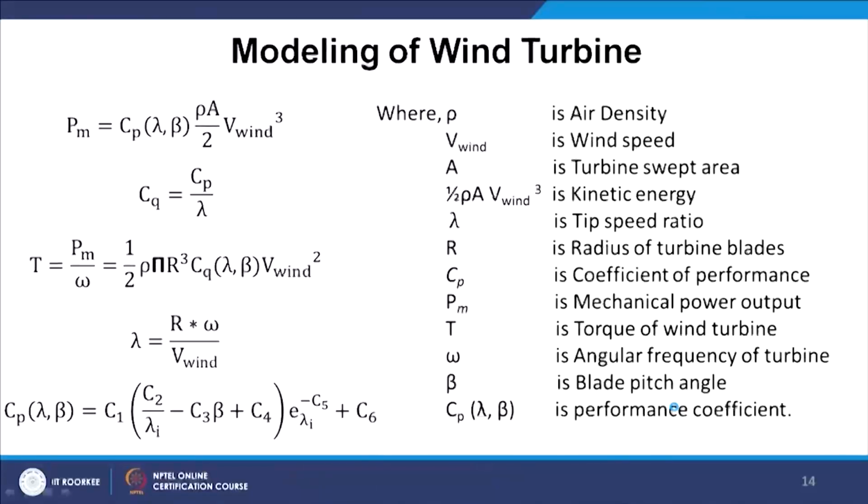Now, for modeling of a wind turbine, the following variables need to be considered. Air density, which is rho, wind speed, turbine speed, turbine swept area, kinetic energy, tip speed ratio, radius of turbine blades, coefficient of performance, mechanical power output, torque of wind turbine, angular frequency, blade pitch angle and performance coefficient.